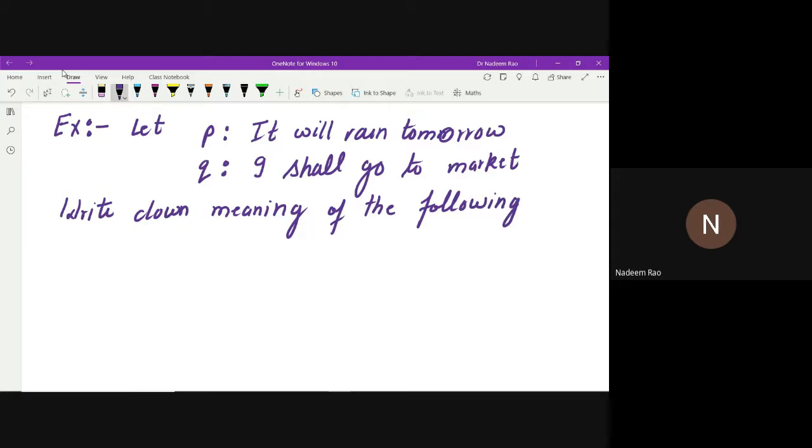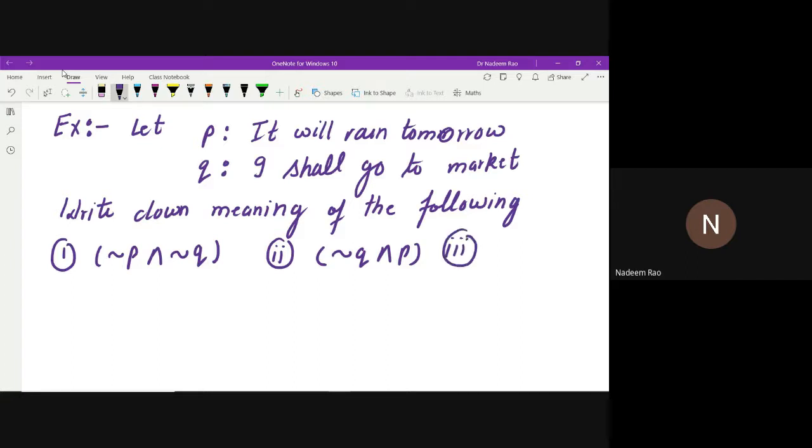Number one, negation of P and negation of Q. The second one, negation of Q and P. And the third one, negation of P or Q. So what does it mean?